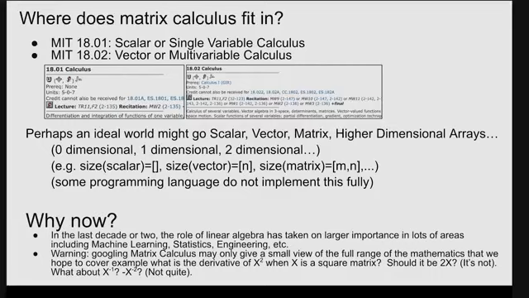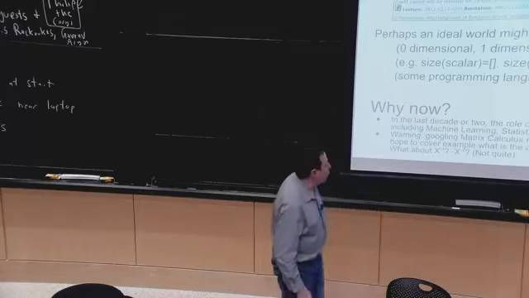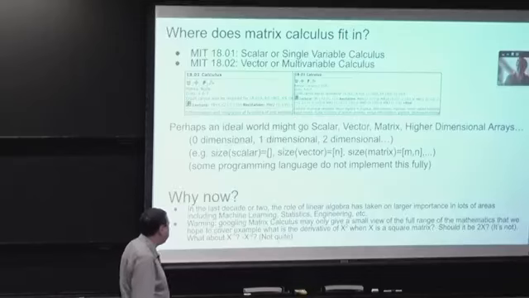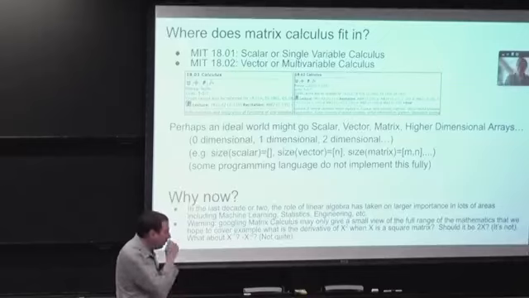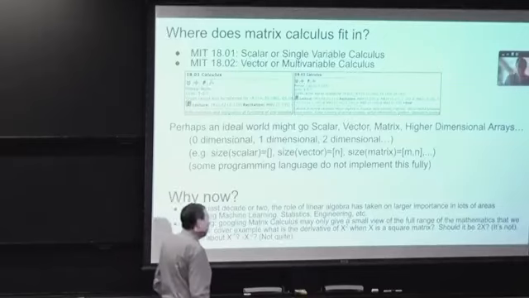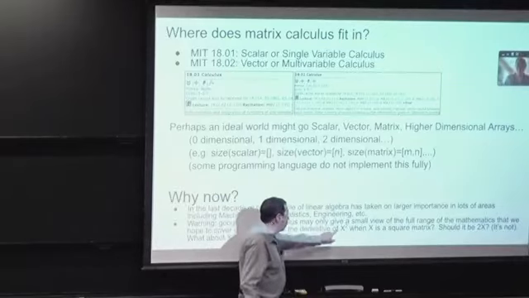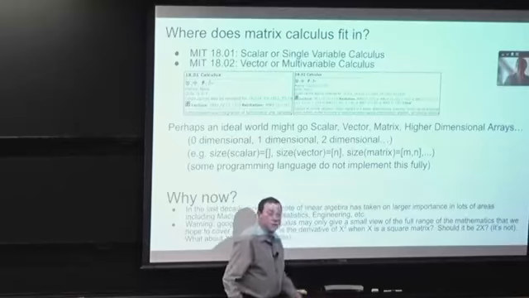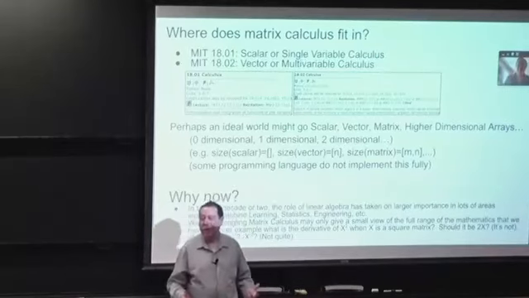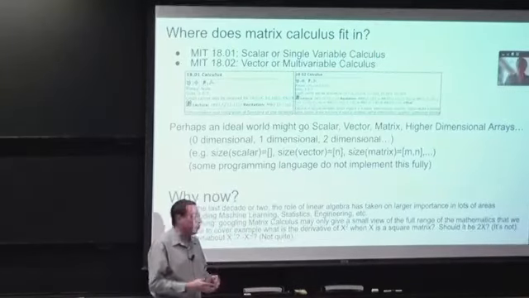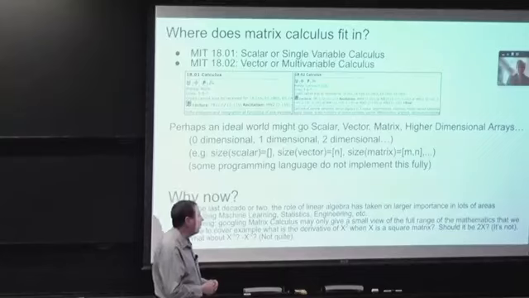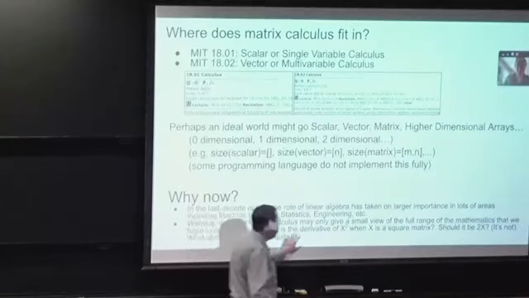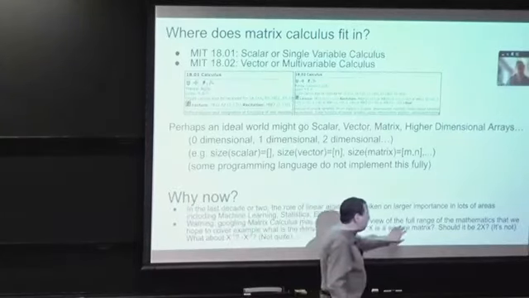Okay? So, here's a quick question for all of you to think about if you don't already know the answer. Suppose you have the function that squares a matrix. What should the derivative be? I mean, if you've never done this before, you might not even know what it should look like. Should it be 2x, like the scalar case?